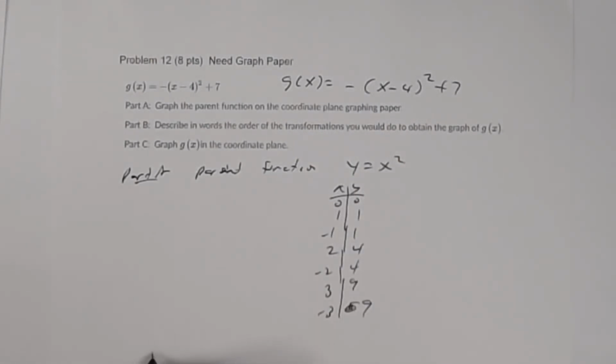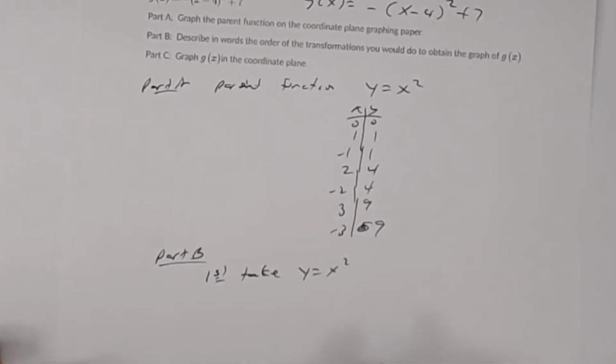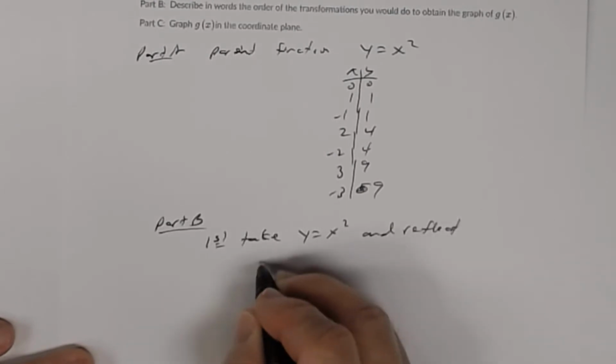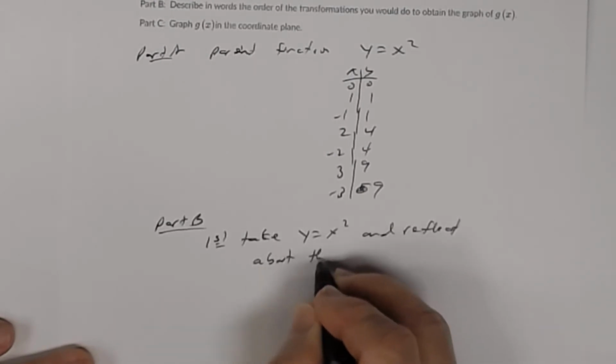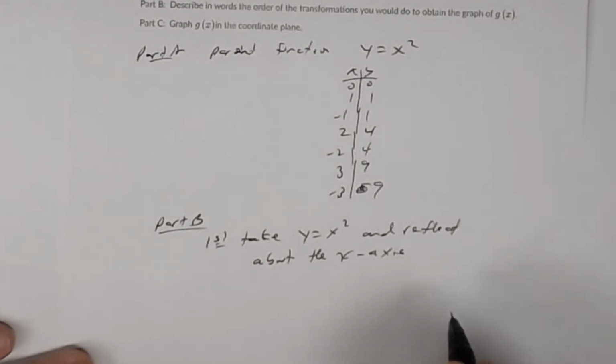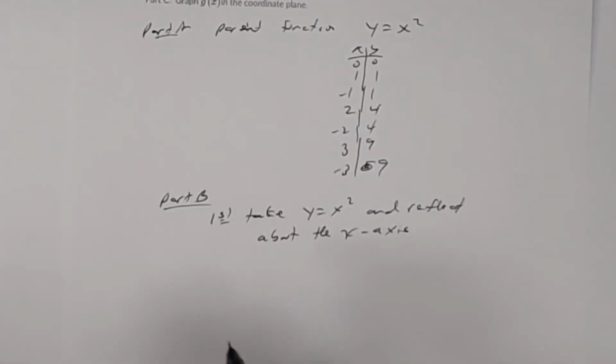So you're going to say part B. You're going to say first take y equals x squared, which is the parent function, and reflect about the x-axis.